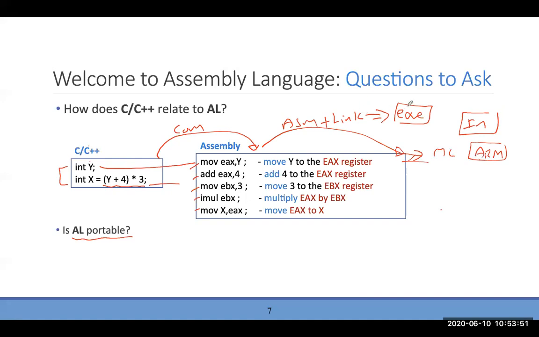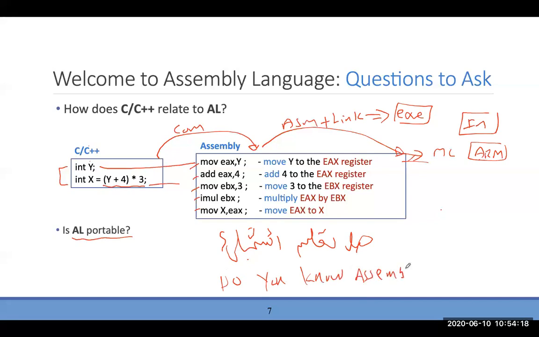Why? Because of the instruction set. Remember when I talked about this statement? And then I asked you, is this something you understand? And you definitely said, no, I don't. So if I say, okay, I will translate this into this, you know, assembly, definitely you're going to interact with this statement, right, guys?